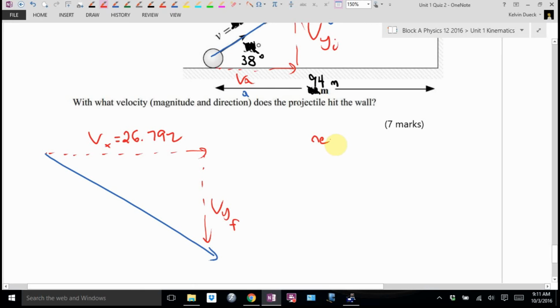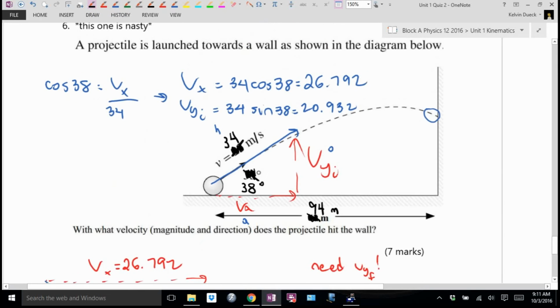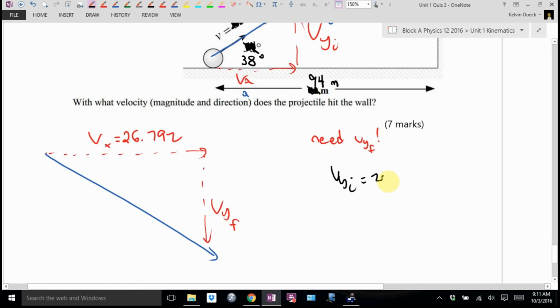I need Vy final. Well, Vy initial was 20.932. The letter Y, does that stand for horizontal? So if I write this, what am I going to write next to it?